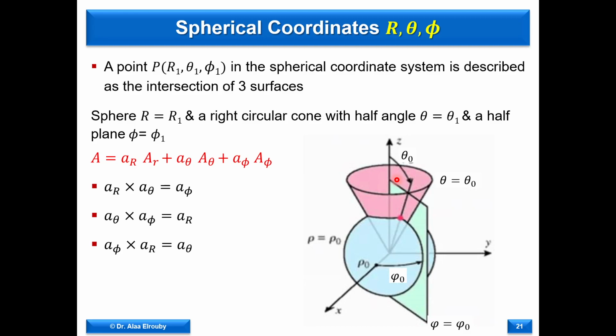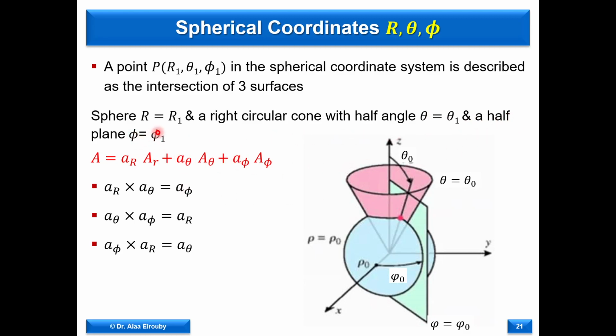In the spherical coordinate system, a point B is represented by three coordinates, R, theta, and phi, in this order. So the point B is presented as the intersection between three surfaces: R equal R1, which is a sphere; theta equal theta 1, which is a right circular cone with half angle theta; and phi equal phi 1, which is a half plane.